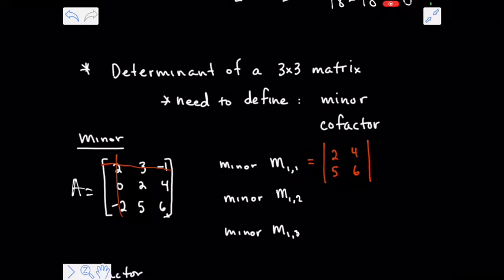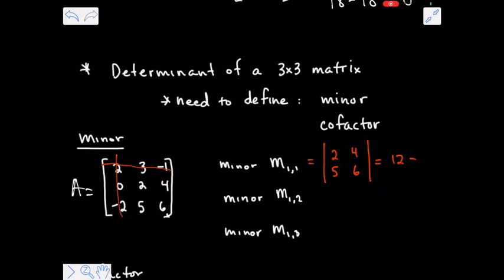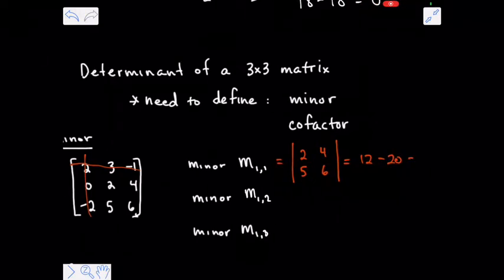The determinant of that, we're going to get this product, which is 12, minus this product, which is 20, and we get negative 8.